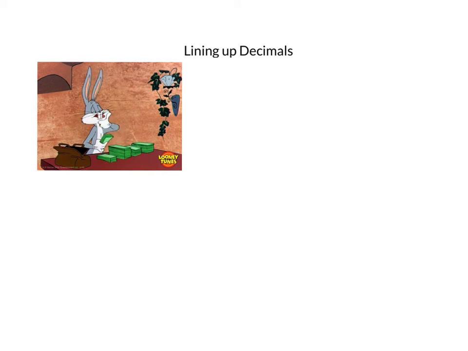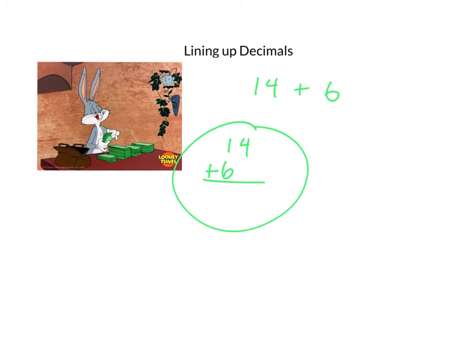Because if you had something like 14, and you were adding 6 to that, if you were to line this up, you would not line it up like this.